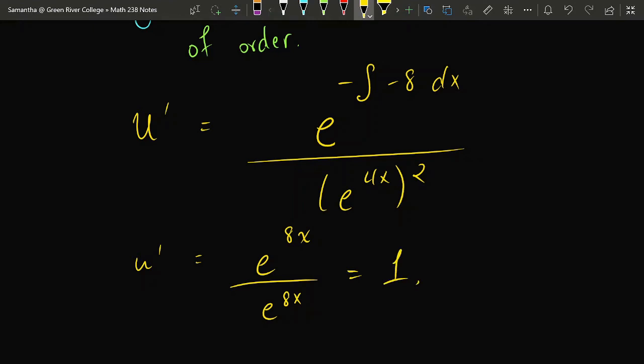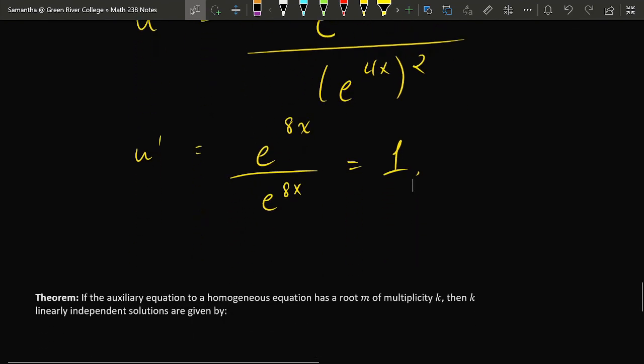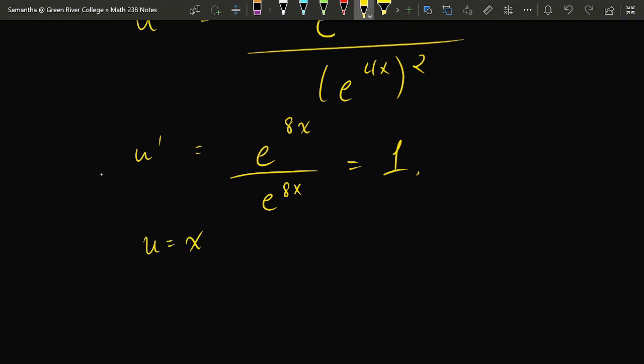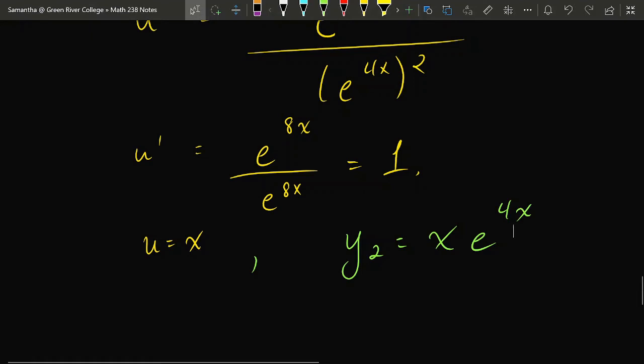So u prime, in the language of the reduction of order formula, would be equal to 1, which implies that u itself would be equal to x. And therefore the second solution that we need to complete the set is equal to x times the first solution, or x times e to the 4x.